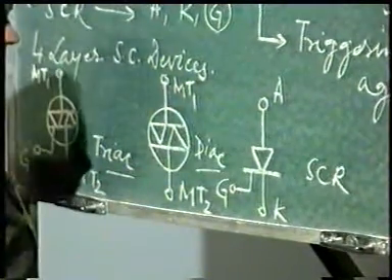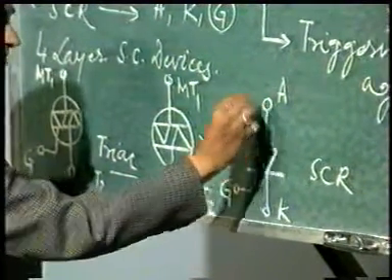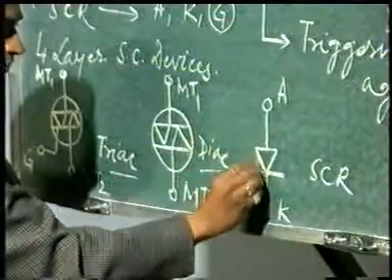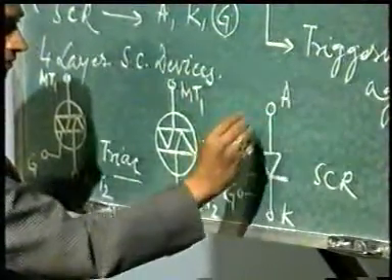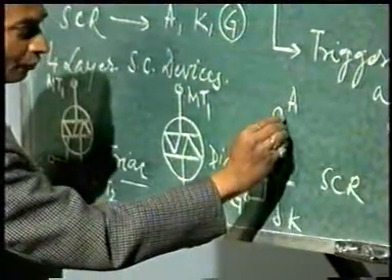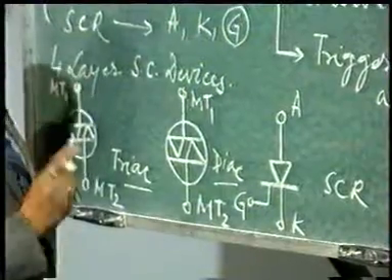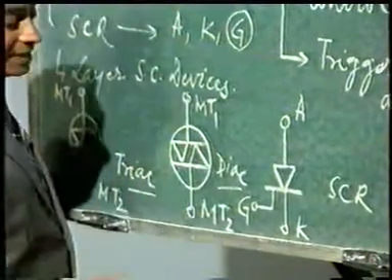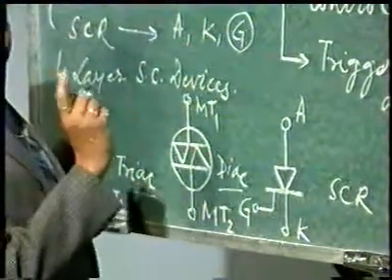But in case of SCR, you will find that this only conducts in one direction. So one arrow is here, and in the conduction state, the current will flow from anode to cathode only, and the condition you remember for conduction of SCR is that it has to be forward biased.